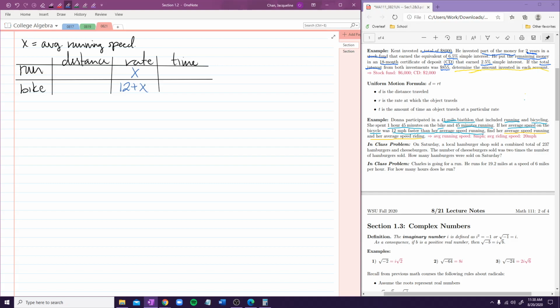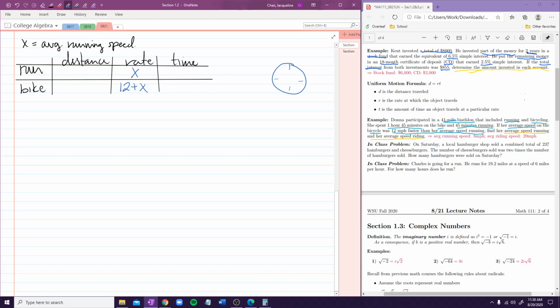What else do we know? We also know her time. She spent an hour and 45 minutes on the bike. Before you put 1.45, that's wrong. Time is in base 60, and the numbers we use are in base 10. If you want me to talk about that more, you can mention it in class. But essentially, let's think about this clock. We know this is 12, or 0 minutes, 15 minutes, 30, and 45.